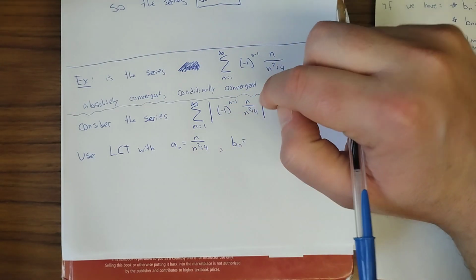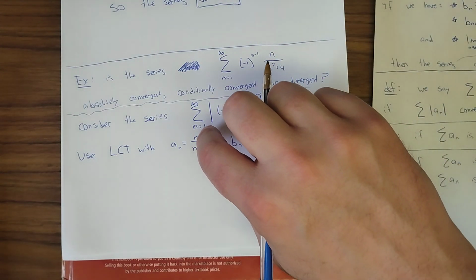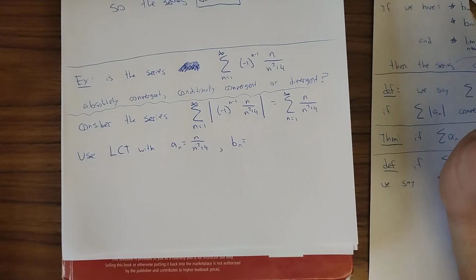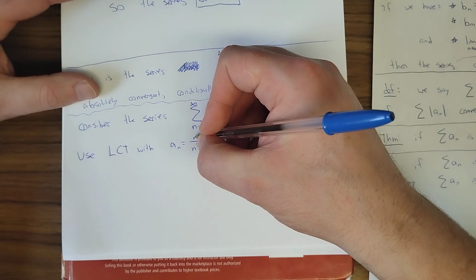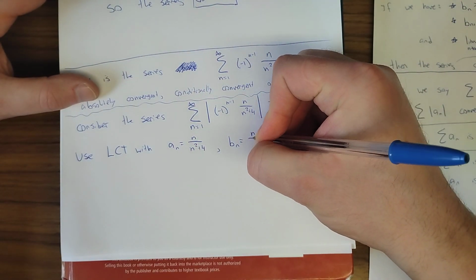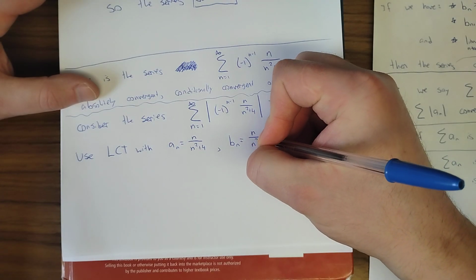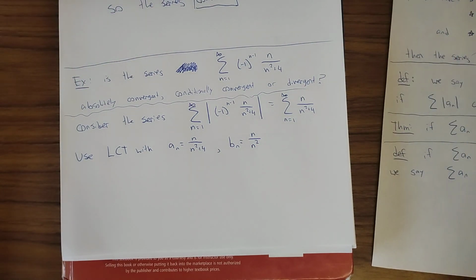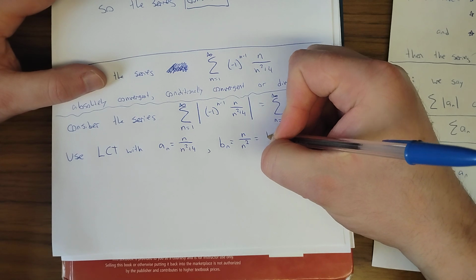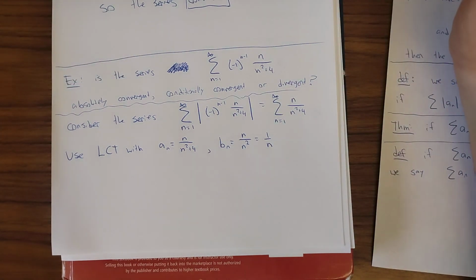What I do to come up with b sub n is I look at a sub n and I only keep the important parts. So the important part on top is an n, and the important part on the bottom is an n squared. So for polynomials, it's just the leading term. In other words, b sub n is just 1 over n.